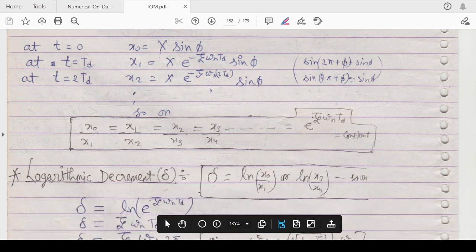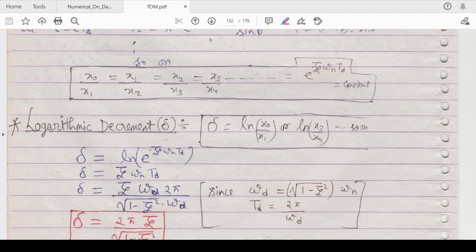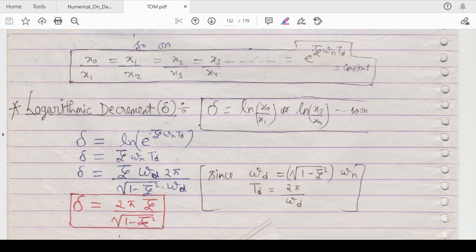Now, what is logarithmic decrement? If you take the ln of x naught by x1, the consecutive cycle displacement ratio, that is called the logarithmic decrement. It is denoted by delta. So delta equals zeta omega n td.